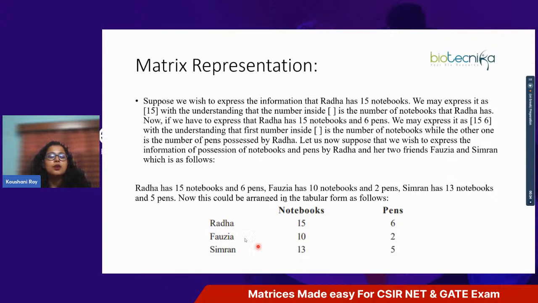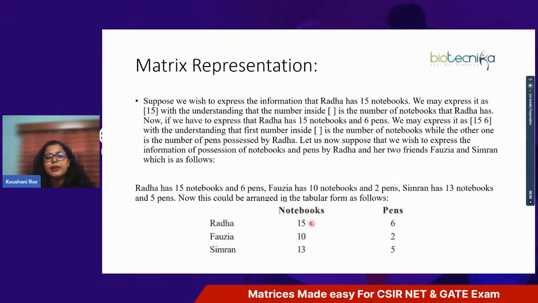Here we are writing the names of the persons, and here we are writing the items they have, notebooks and pens. If we want to find the number of notebooks that Radha owns, it's 15.